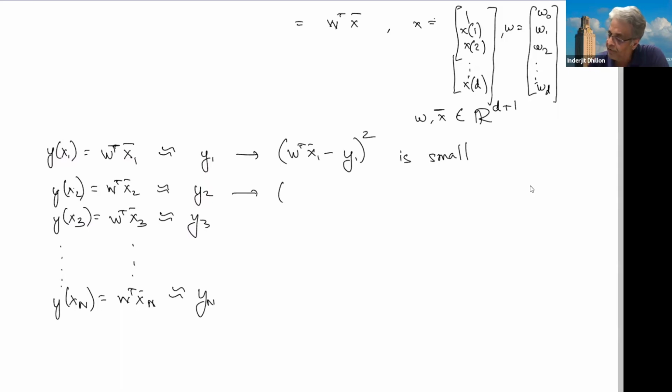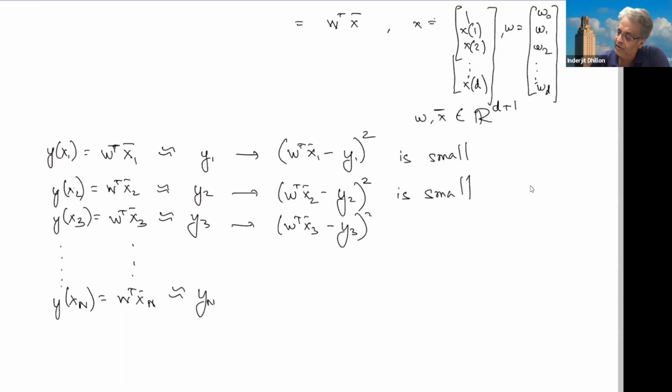Similarly, I have the prediction for the second training data, W transpose x2 bar minus y2 squared is small. I have W transpose x3 bar minus y3 squared is small, and so on. W transpose xn bar minus yn squared is small.